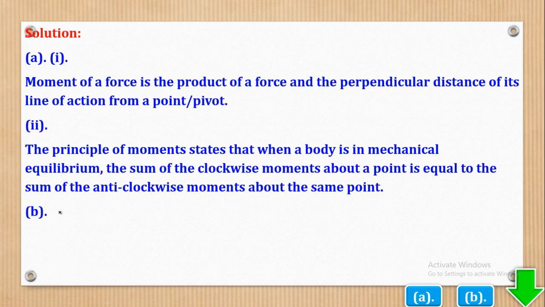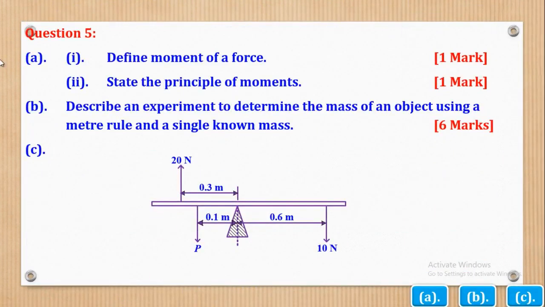Now we shall go to part B. Part B says, describe an experiment to determine the mass of an object using a meter rule and a single known mass.